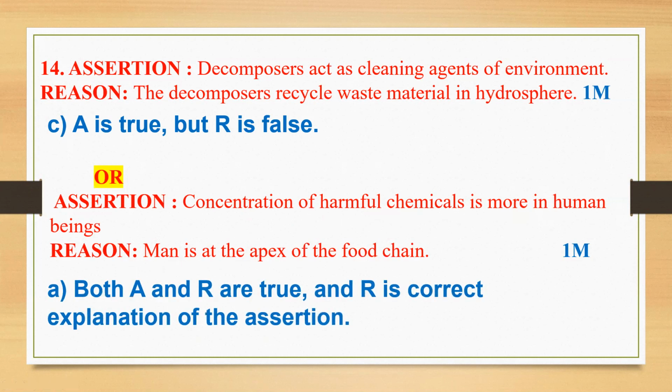If chemicals are entering our food chain, that concentration of chemicals will increase from one trophic level to another. You know, we have 4 trophic levels, T1, T2, T3, T4.